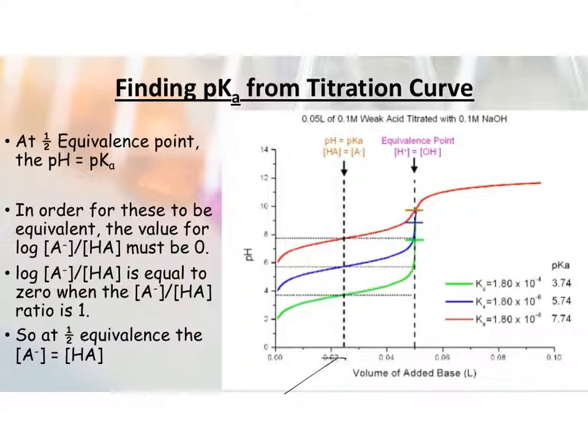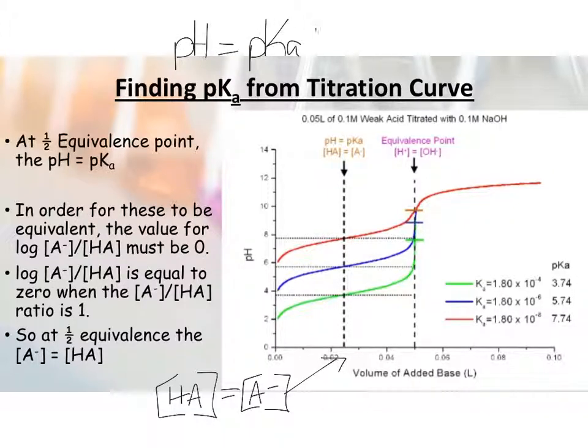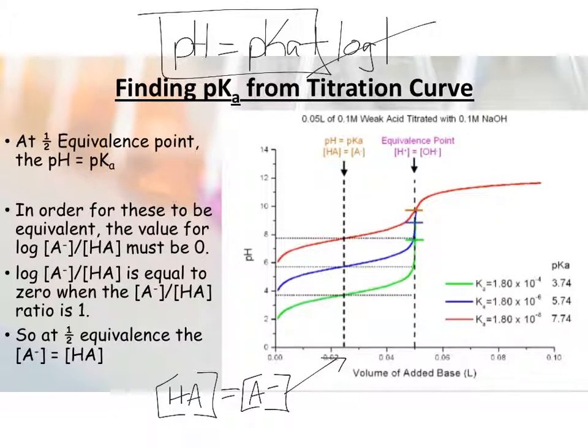At half equivalence is when you have half of the acid converted into the conjugate base. So at that point, the concentration of your acid is equivalent to your concentration of conjugate base. Now, if you had your Henderson-Hasselbalch equation there, and you were going to plug these in, it would be the log of 1, right? Because they're the same. Guess what? The log of 1 is 0. So at that point, pH is equal to pKa.